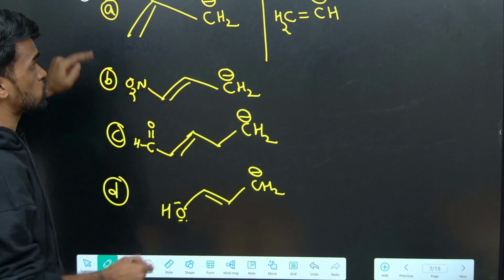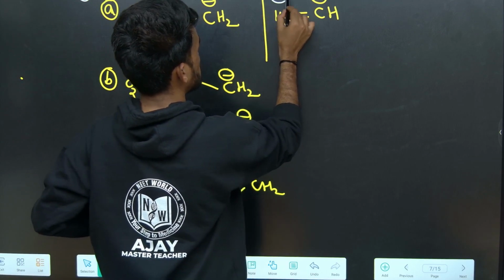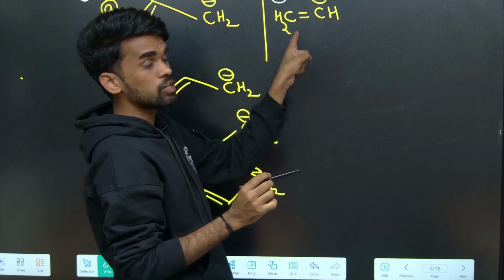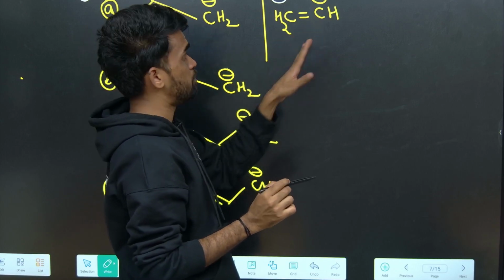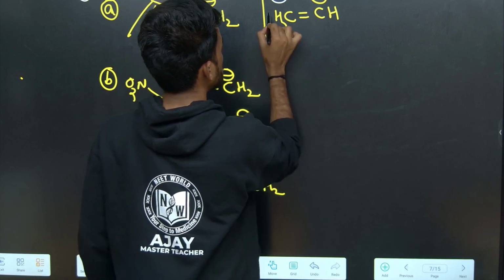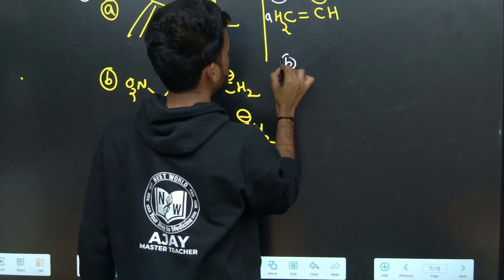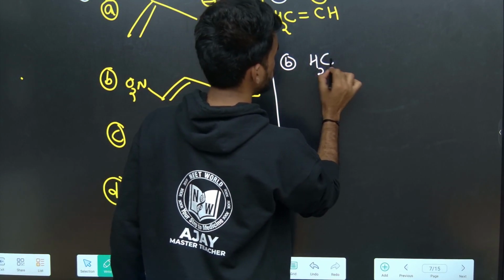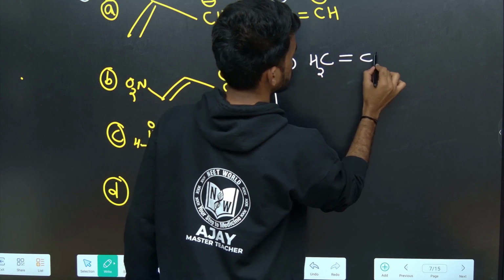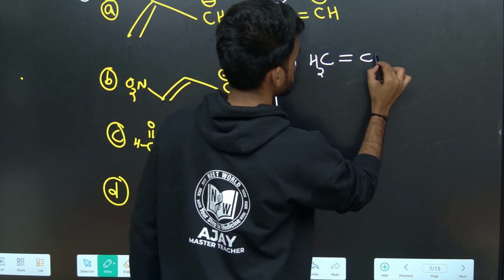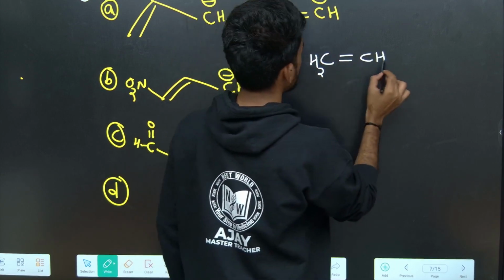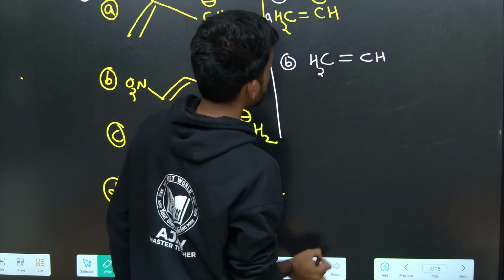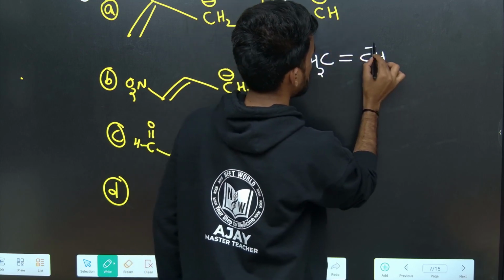This is the first question, and here you can take the second question. This carbanion should be called a vinylic carbanion. So this is A, and B should be CH2 CH, the negative charge is there, na?